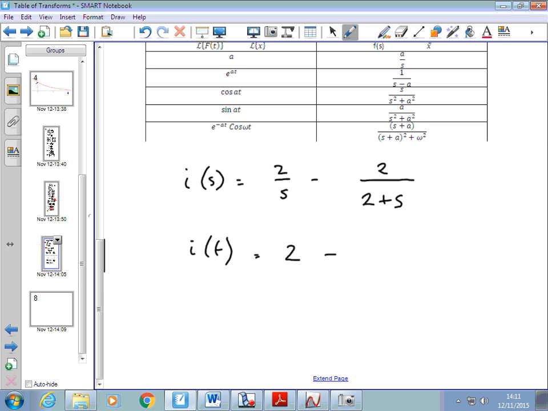Minus, sorry, again we've got to think of this 2 as being brought out in front of it, 2 times e to the minus 2t. Because again, this 2 at the top here can go in front and just be called 2 times 1 over, effectively.